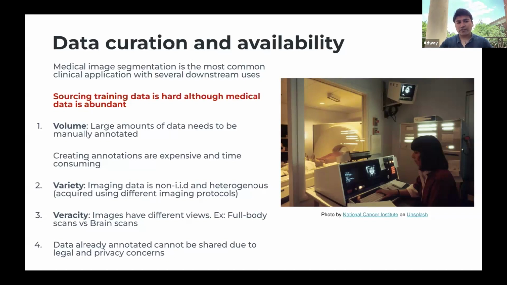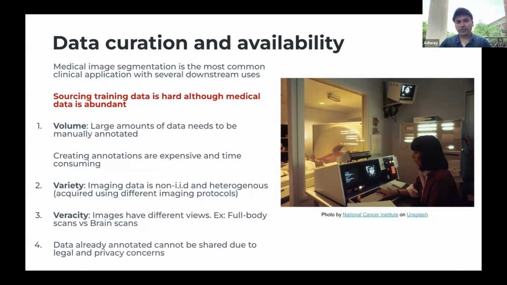The other concern is veracity. What that means is images have different views. Some scans are full body scans, so they will have the entire body scanned in one go, or some scans can be specific to a particular organ of interest. So you could have a brain scan or a scan of the abdomen.